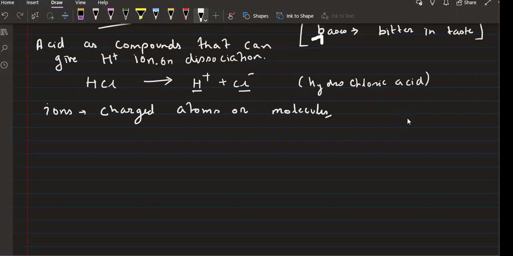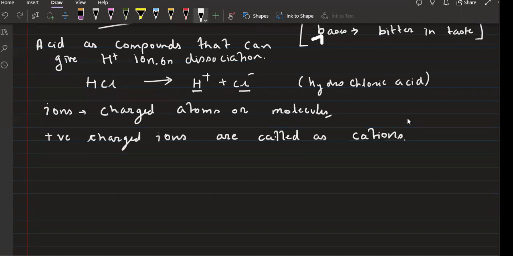So positively charged ions are called cations, and negatively charged ions are called anions. Cations positive, anions negative. Got it, everyone?